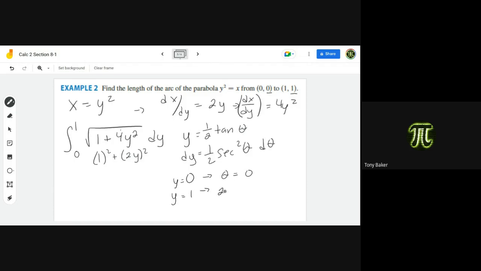So I have 2 equals tangent theta. So the arctangent of 2 equals theta.